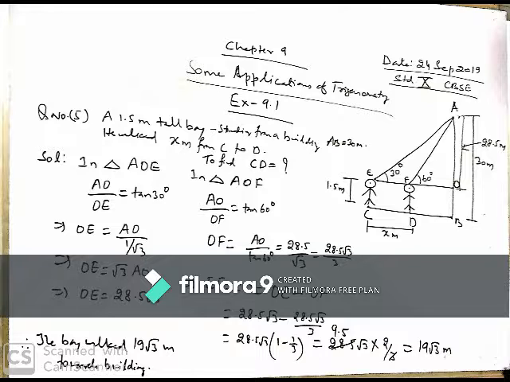After rationalization, multiplying by root 3 by root 3, it becomes 28.5 root 3 divided by 3.